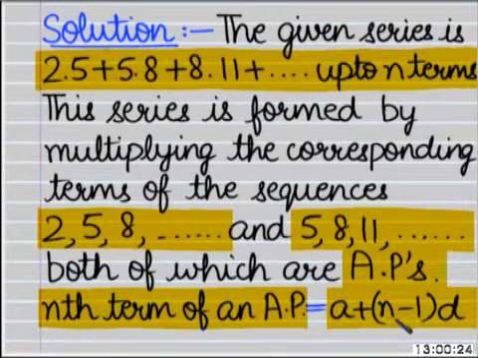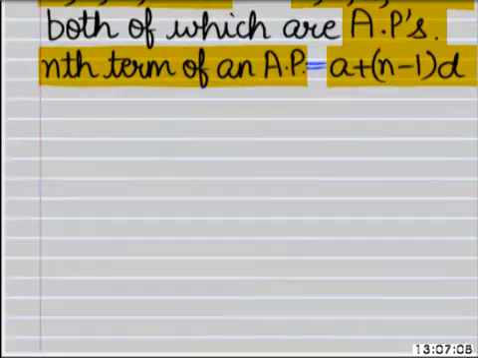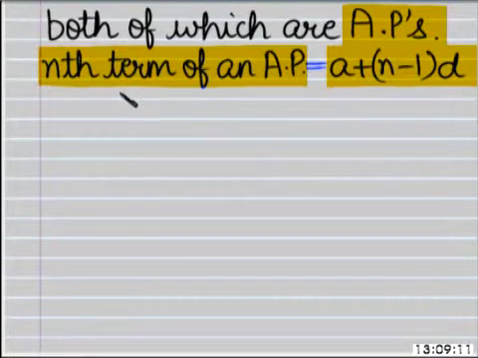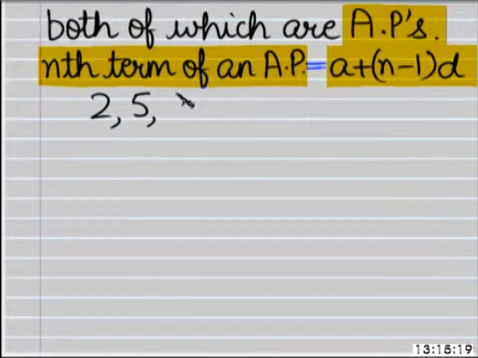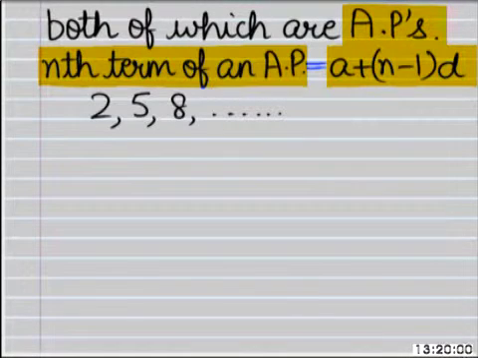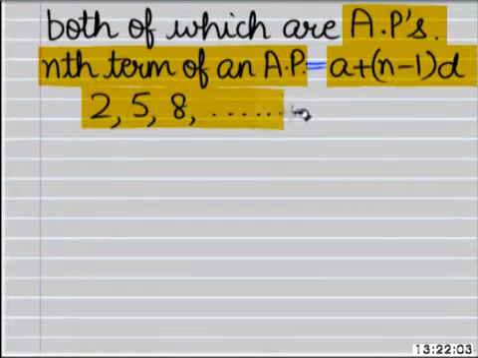N is the total number of terms in an AP. Now we take the first sequence, that is 2, 5, 8 and so on. This sequence is an AP.